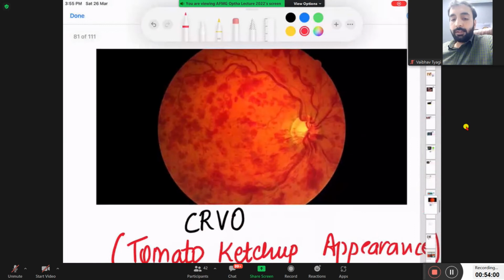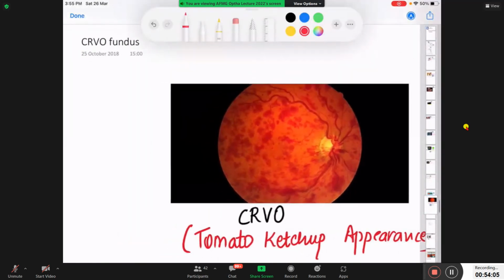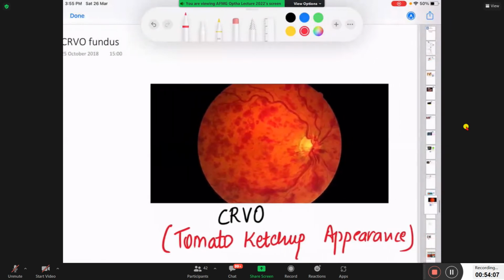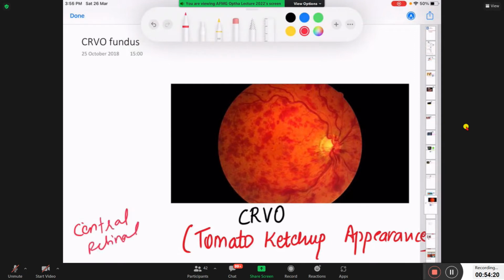See, next topic, write down. Next topic is CRVO. CRVO, full form is Central Retinal Vein Occlusion. These are the central retinal vessels which are emerging from the optic cup.